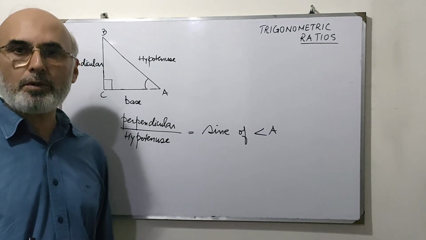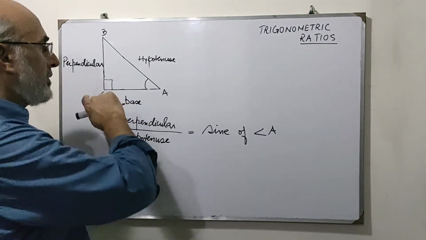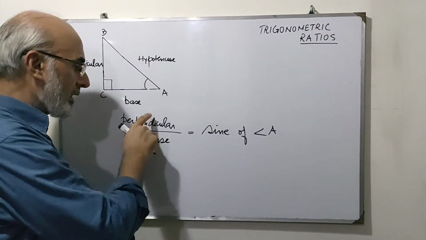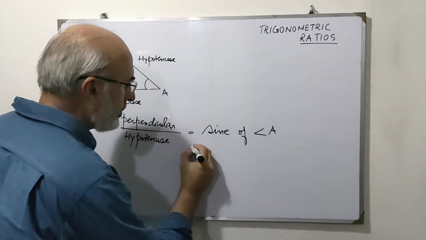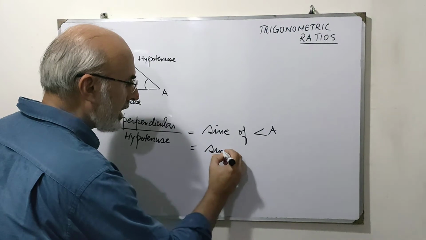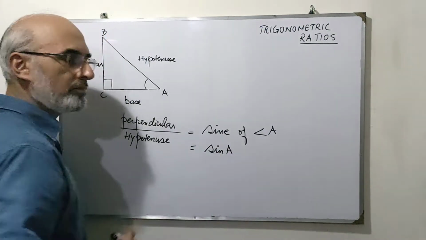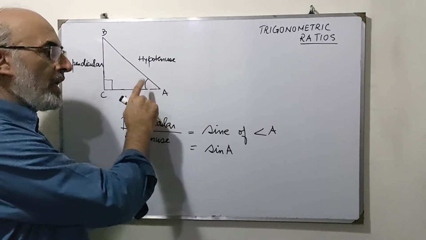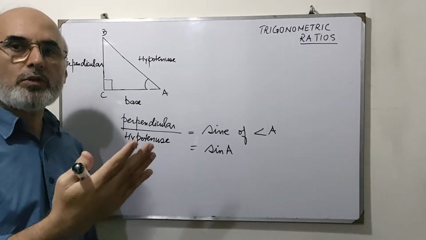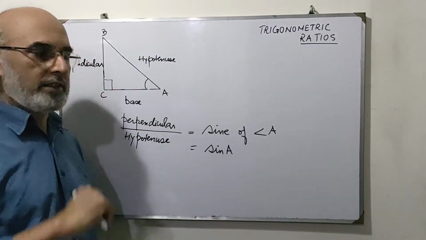Whenever we are taking the ratio perpendicular over hypotenuse, it means sine of angle A, which is usually written as sin A. This is the angle A, and this is equal to the ratio of the two sides.